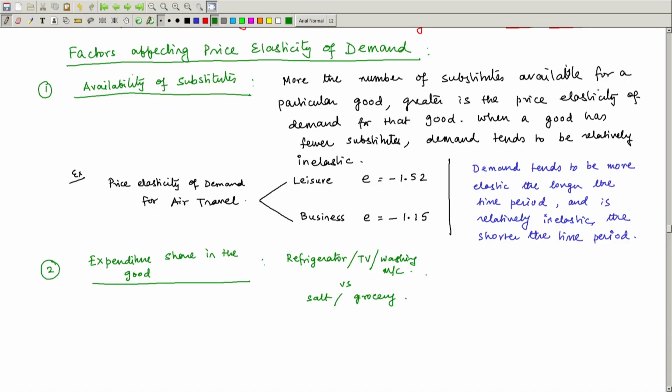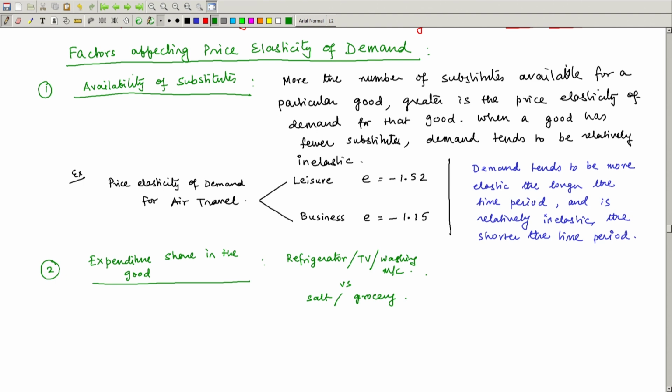You will look for discounts, go to multiple stores, search the prices of these goods online, and ask whether there are any rebates, refunds or discounts available. So, the greater the expenditure share of the good in your total budget, the more elastic is the price elasticity of demand.